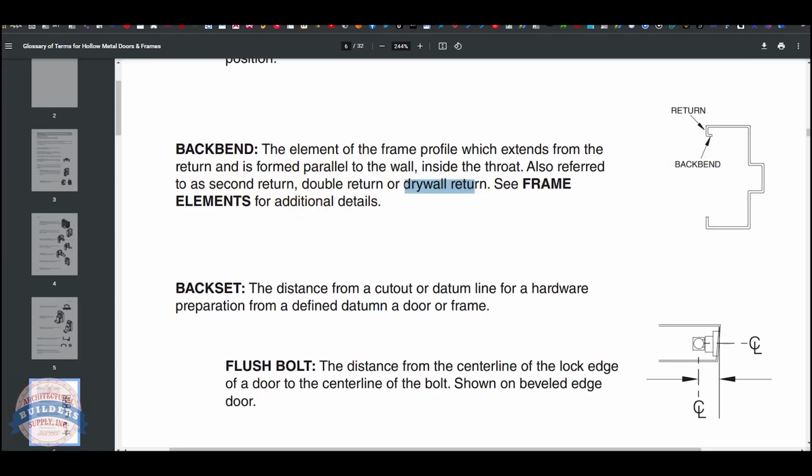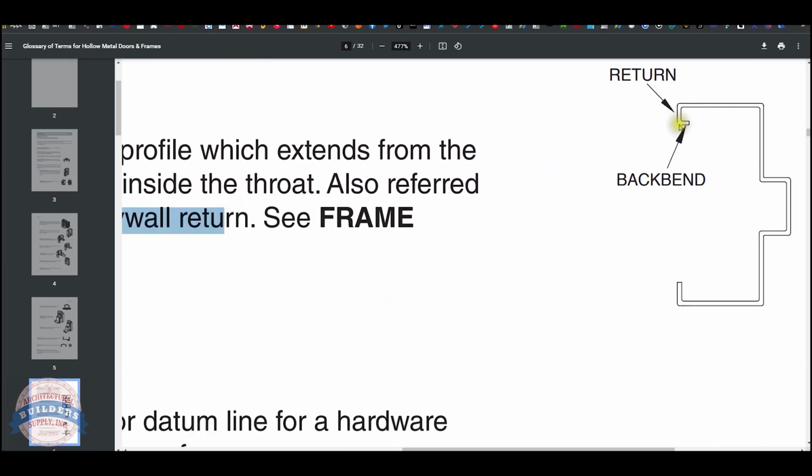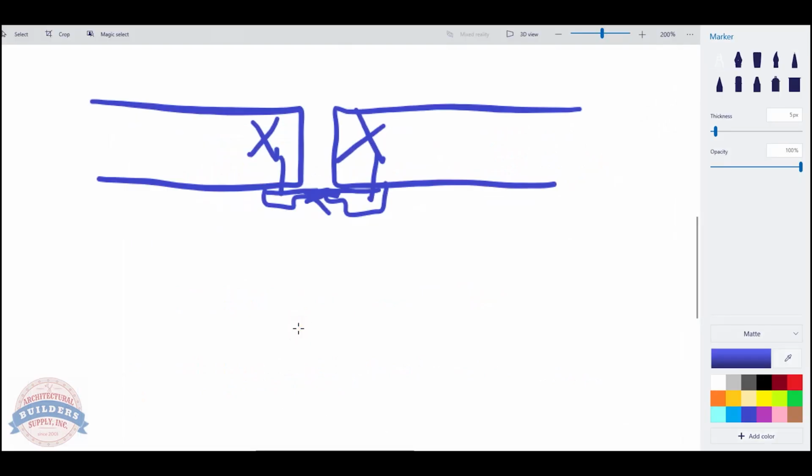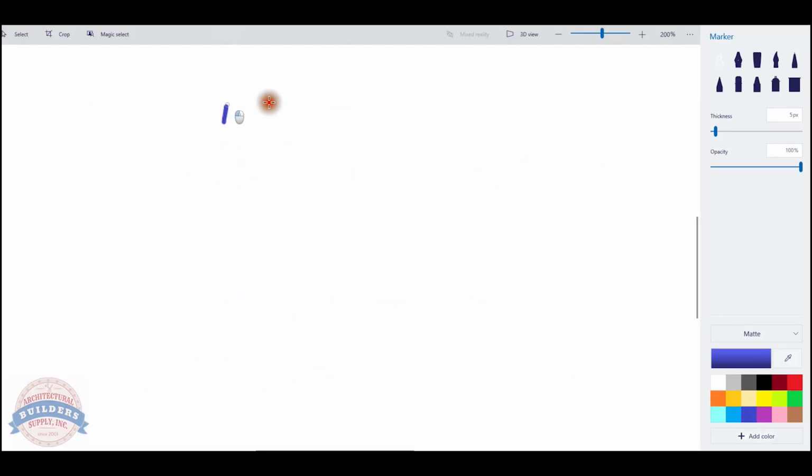So, you can see clearly here, this is the backbend. Let's take a little closer look at what that actually is. So here is a cross section of a typical double rabbet masonry frame.